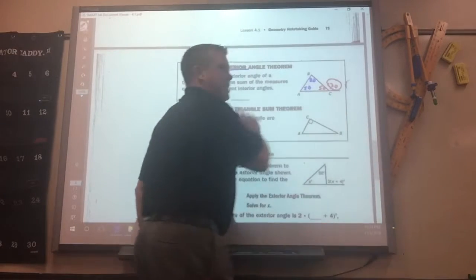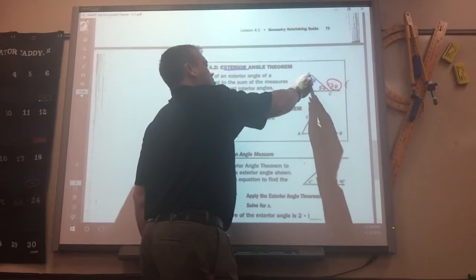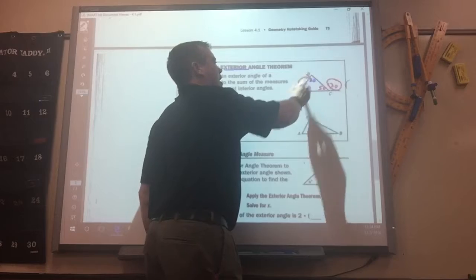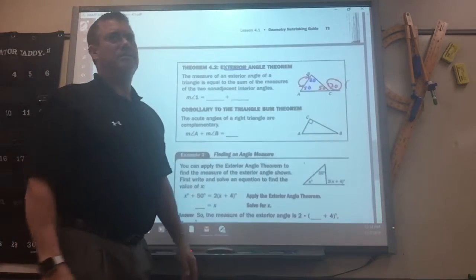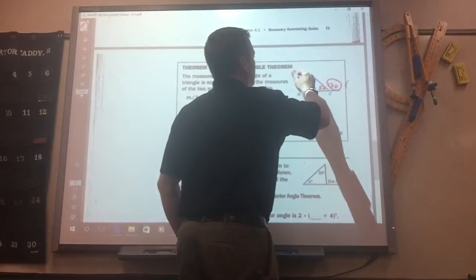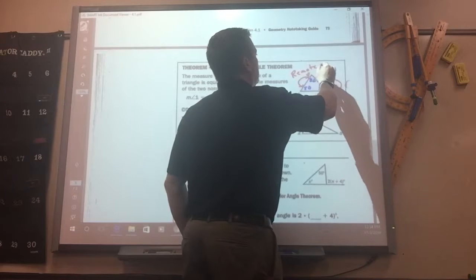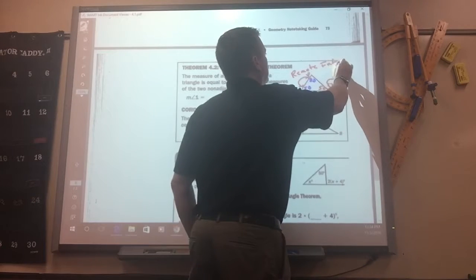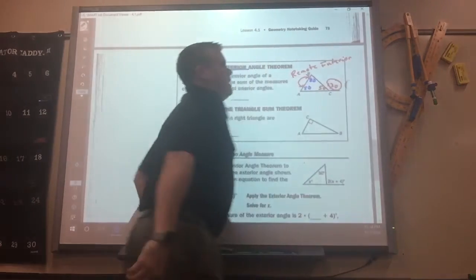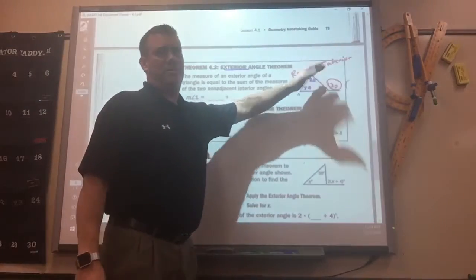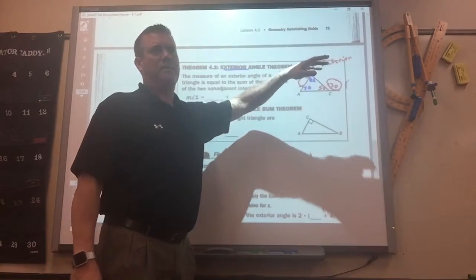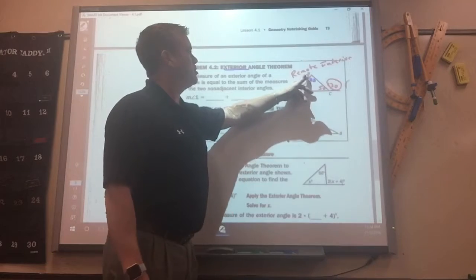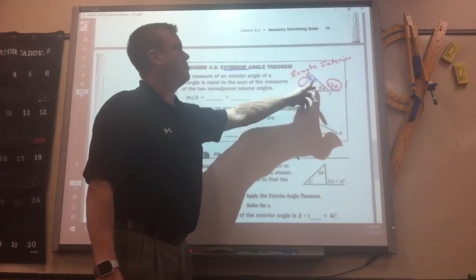This angle, the exterior angle, is always going to equal the other two angles added together. These are called the remote interior. You know what the word remote is like, far away? So the remote are the two angles not hooked onto it.